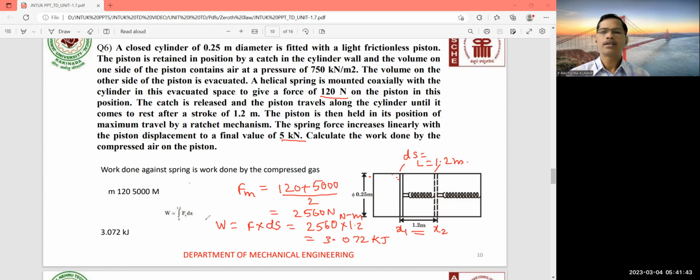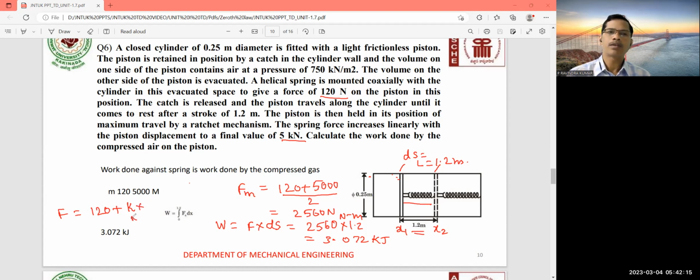Next, there is the formula, and we all know the force. This particular force here is the spring force. That spring force is equal to the initial 120 plus kx. K is nothing but the spring stiffness, that is Newton per meter or kilonewton per meter.